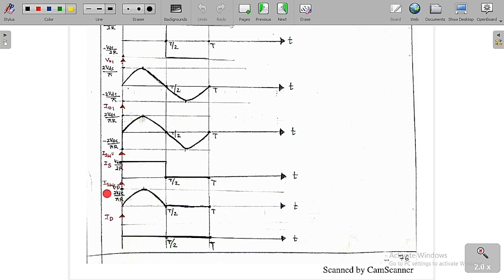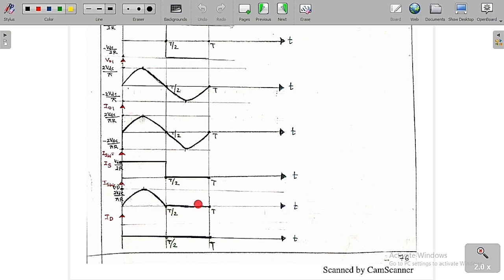To find the fundamental component of the switch current, for 0 to T/2 it is equal to the fundamental component of the output current, which looks like this. For T/2 to T, switch S1 is off and only switch S2 is conducting, so the current will be 0.